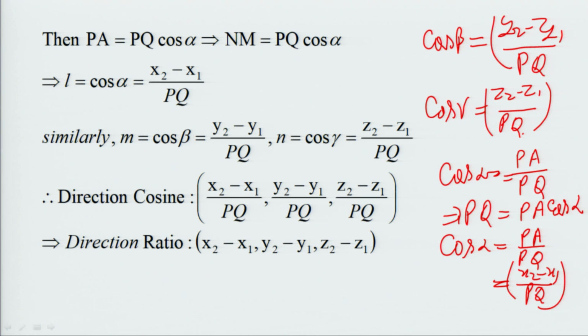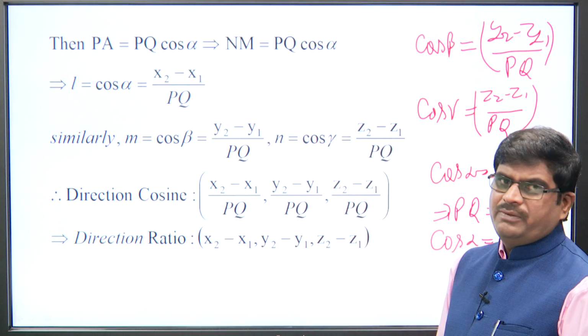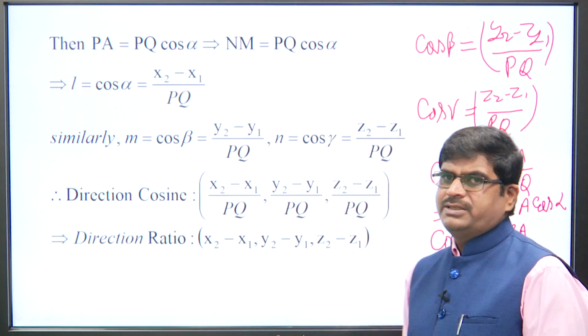This is the direction cosine along x, y, z axis. Direction cosines of the line are x2 minus x1 upon PQ, y2 minus y1 upon PQ, z2 minus z1 upon PQ, and their direction ratios are x2 minus x1, y2 minus y1, z2 minus z1.